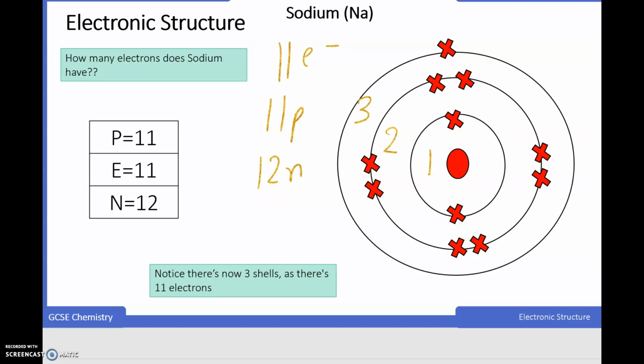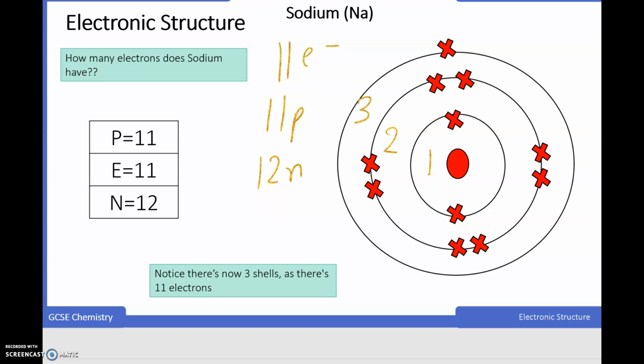Now you've got to be really careful in terms of an exam scenario. This is focusing on GCSE chemistry. I will be doing a separate video on electronic configuration for the A-level students, which goes into much more depth and changes the way we write electronic configuration. The one thing I want you to focus on: if I'm looking at sodium here, I've got 3 shells, in the first shell I've got 2 electrons, in the next I've got 8 and then a 1.